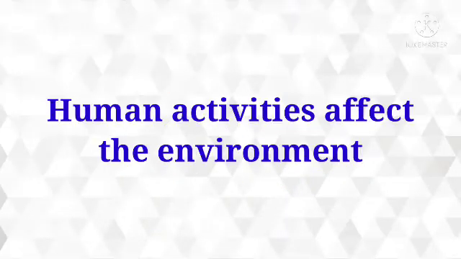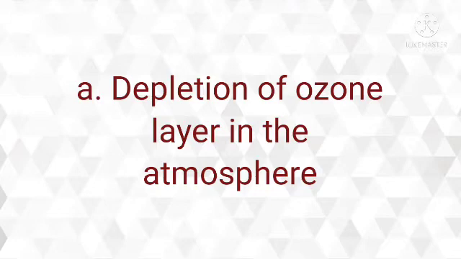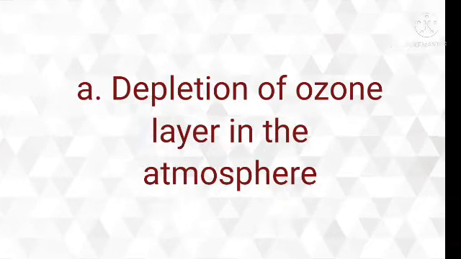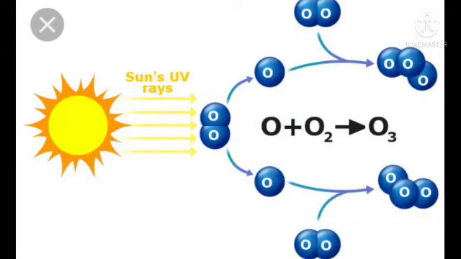Now let us understand the subtopic: human activities affect the environment. First one is depletion of the ozone layer in the atmosphere. An ozone molecule contains 3 oxygen atoms, O3. At higher levels in the atmosphere, the UV radiation splits some oxygen molecules, O2, into free oxygen atoms, which combine with oxygen molecules, O2, to form ozone, that is O3 molecules.